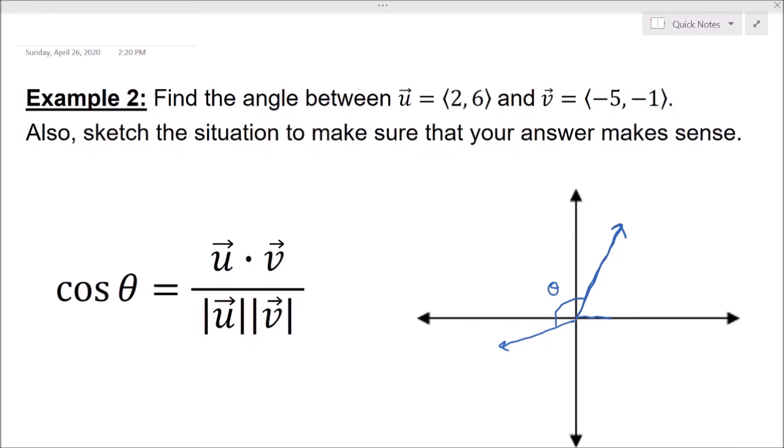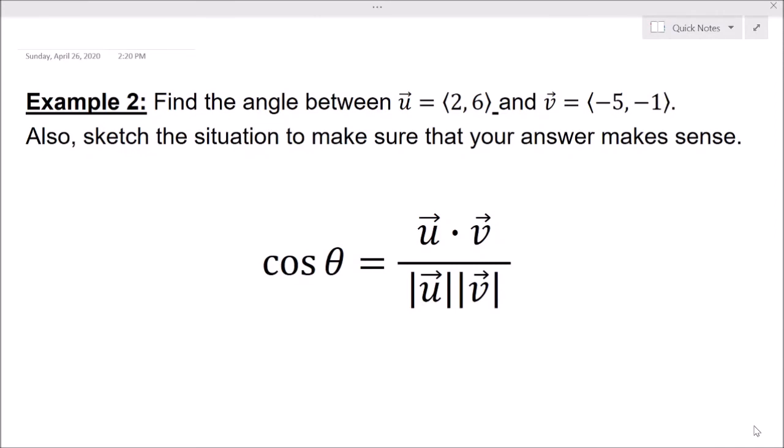But again, how do we actually find the angle? Well, with this big formula here, and it looks kind of complicated, so let's break it down. So first of all, notice that this formula has a theta here, and of course that represents the angle we're trying to find. So that's what we're trying to get by itself, that's what we're trying to solve for. Then there's a cosine in there.